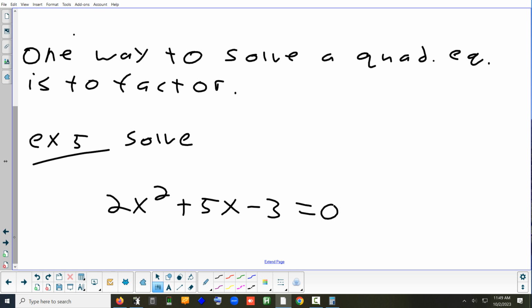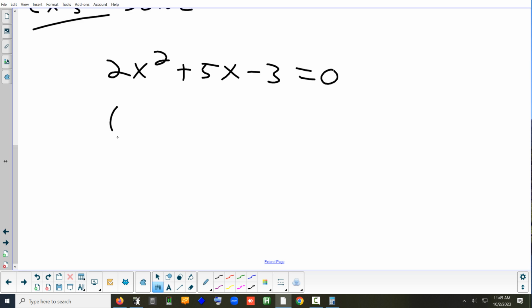We are going to write down letters, we're going to write down signs, and you're going to have numbers in there too, but we need some symbols. We need parentheses. So anytime you're going to factor, first thing you want to do is that. And we always want to make sure that it's equal to 0. In this problem, it already is. But if there was a number over there, it needs to be on the other side.